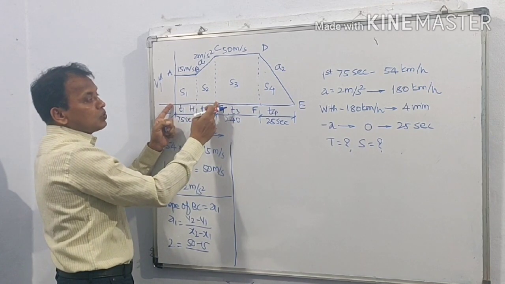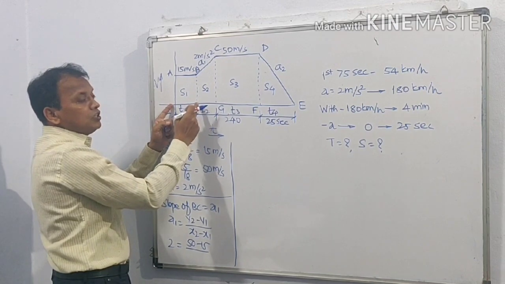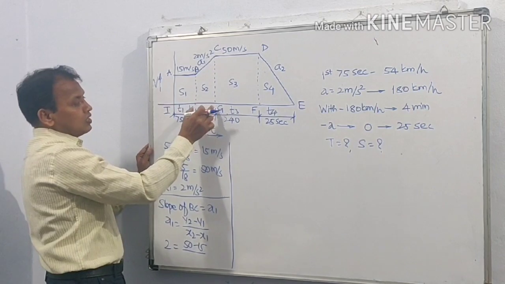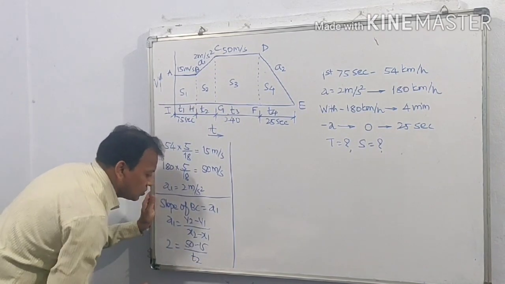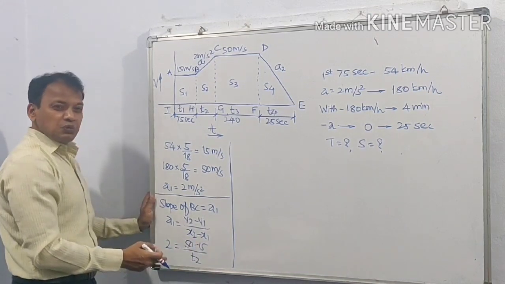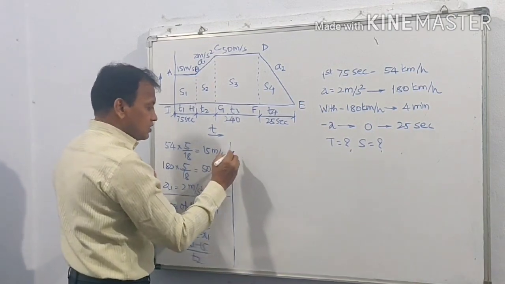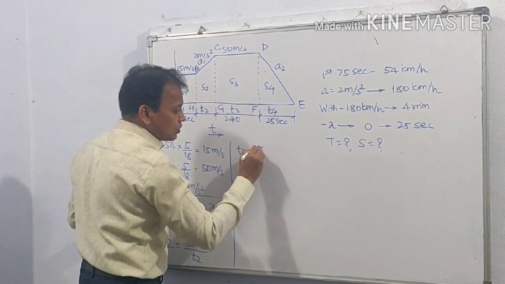So x2 is equal to t2 plus t1, x1 is equal to t1. So t2 plus t1 minus t1, that is t2. So x2 minus x1 is equal to t2. So we can write t2 is equal to 50 minus 15, that is 35, upon 2, that is 17.5.